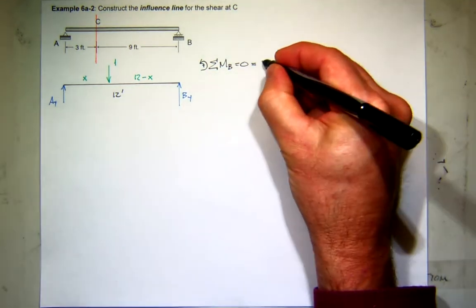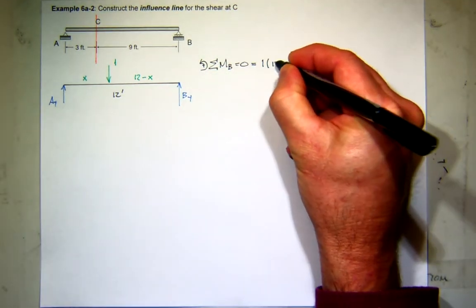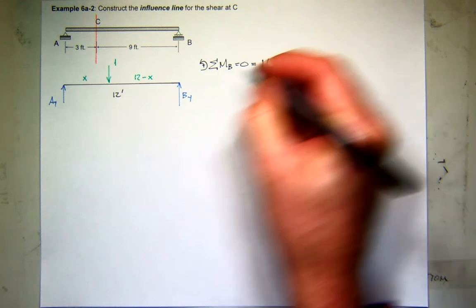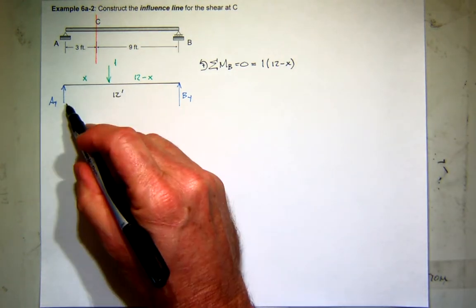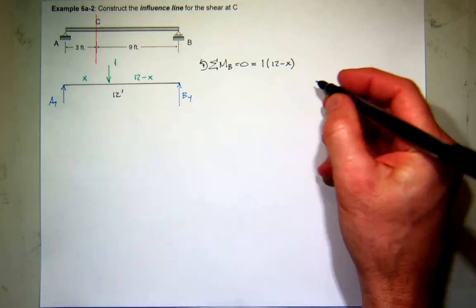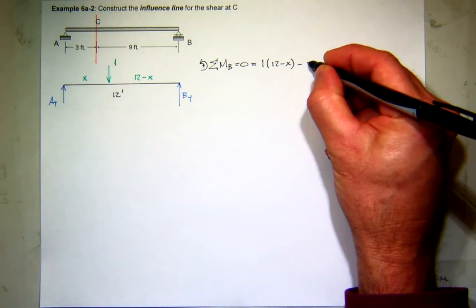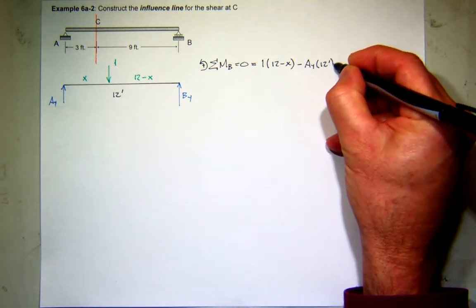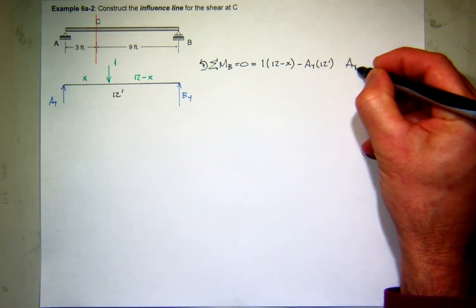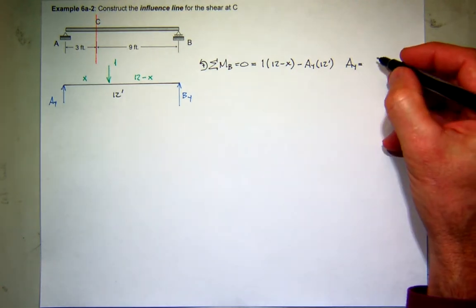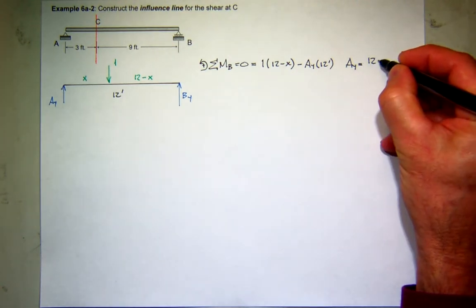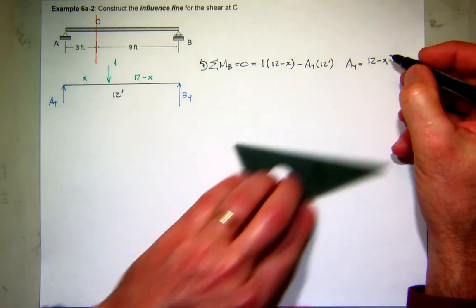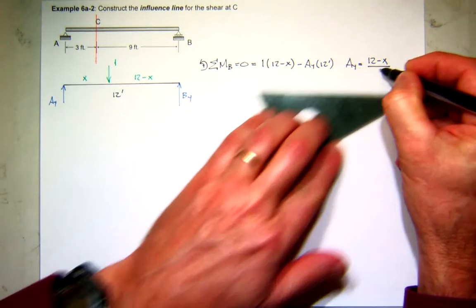So that means I'm going to start off with 1 times 12 minus x. That's the moment of the unit load. And then AY creates what kind of moment about B? Negative. And it has a moment arm of 12. So it looks like AY is going to be (12 minus x) divided by 12.